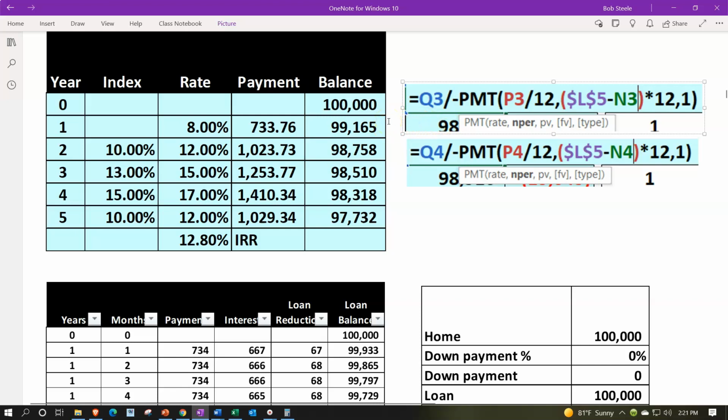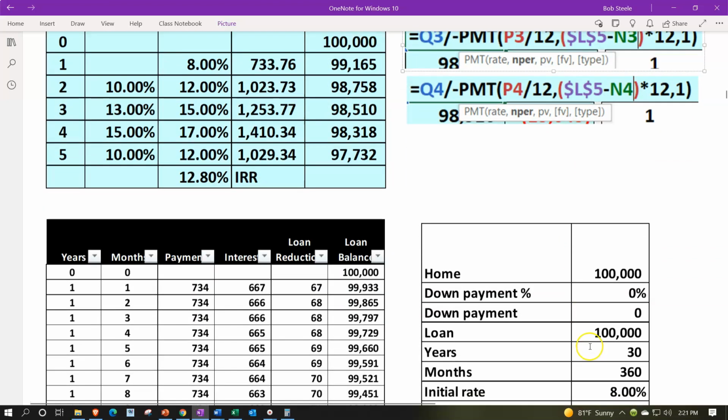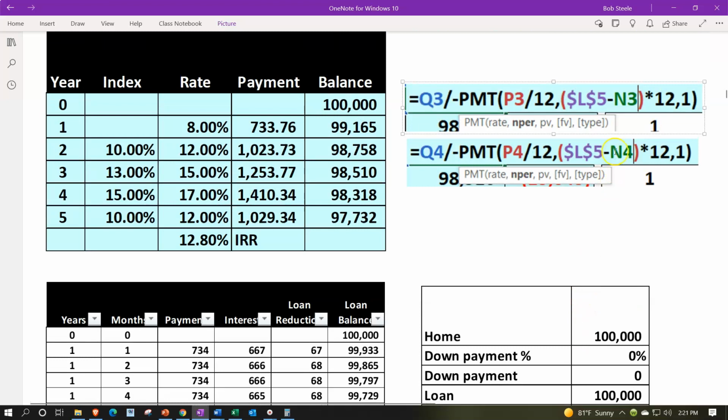If we copy that down, then the next one would be equal to Q4. Copying it down, that would be this cell. And then we're going to divide that by negative PMT. And the rate is going to be then the 12% divided by 12, comma, number of periods is L5. Notice that's the same as the prior cell. That's the 30 down here in years minus N4, which has changed. That moved down from 1 to 2.